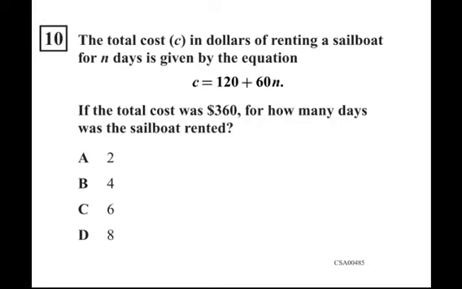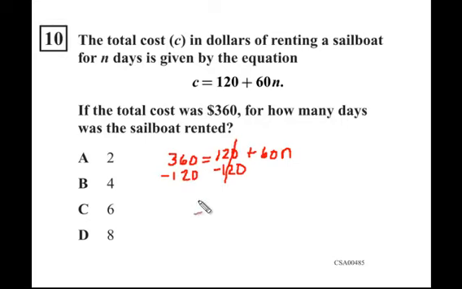Number 10. The total cost, C, in dollars of renting a sailboat for n days is given by the equation C equals 120 plus 60n. If the total cost was $360, for how many days was the sailboat rented? Let's plug in 360 for C. 360 equals 120 plus 60n. Let's solve for n. First, subtract 120 from each side of the equation.